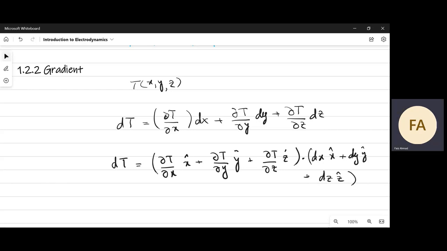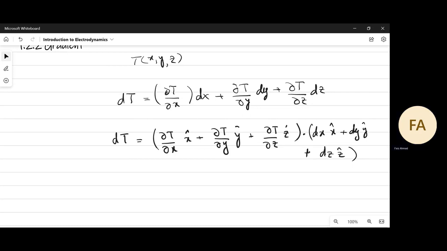So if we have the length element in the direction we are moving, we can multiply the infinitesimal length vector for change in that direction with a vector quantity, which gives the change in the temperature.